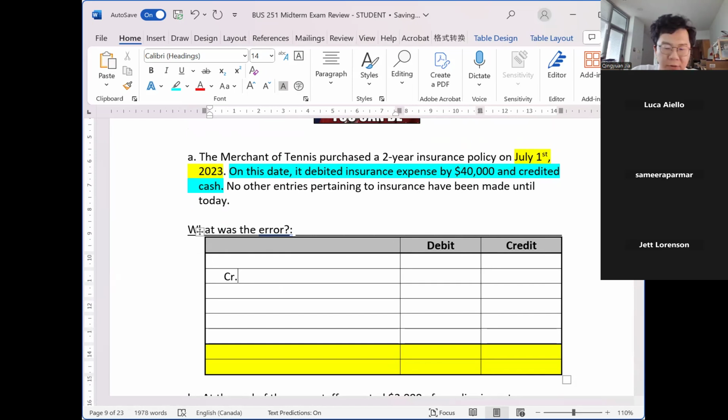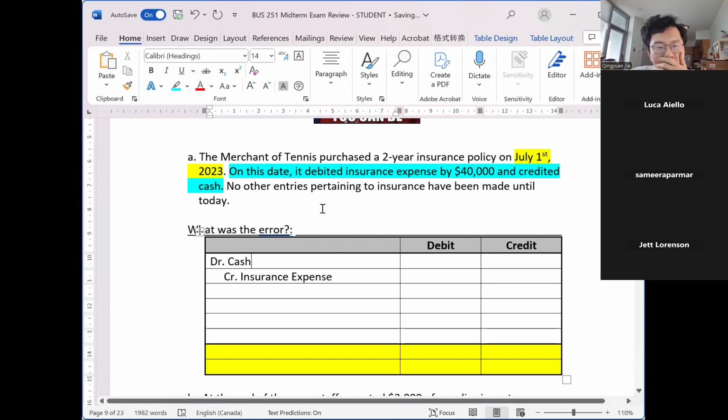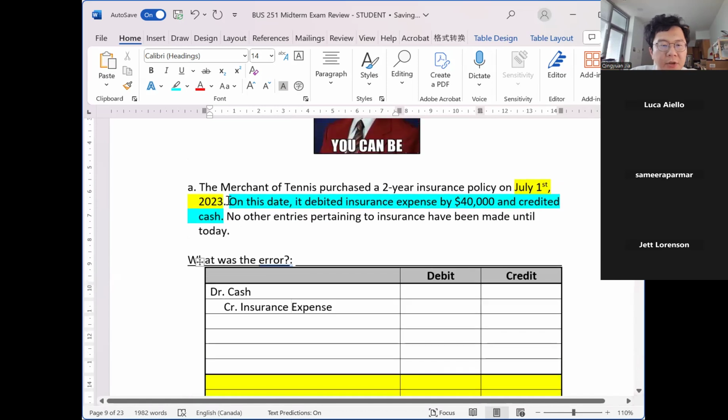We credit insurance expense and we debit cash, because the journal entry that we used to make the wrong one was debit insurance and credit cash.